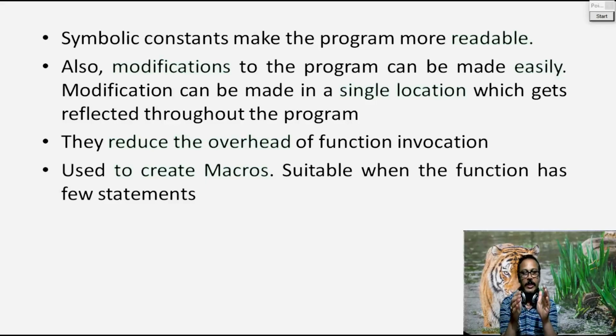So there is always a trade-off between whether you have to use a macro or a function. A macro is a multi-line text defined using a hash define, whereas for a function you have to write the function. When the number of statements is limited, it's better to go with the macro. When the number of statements is large, you go with the function.